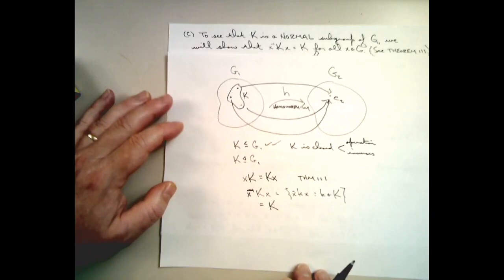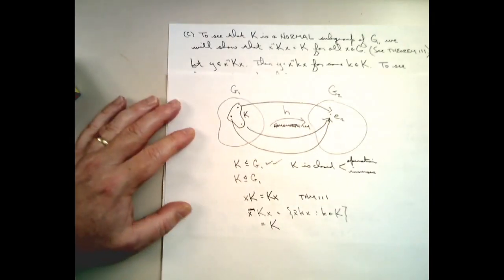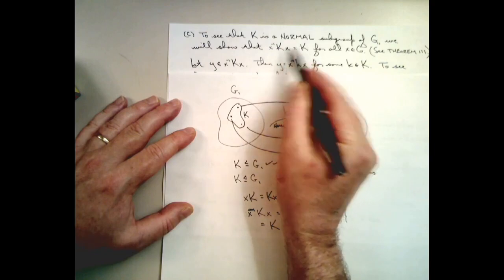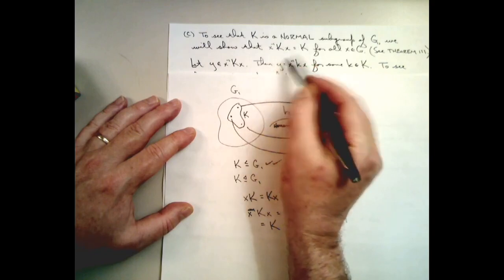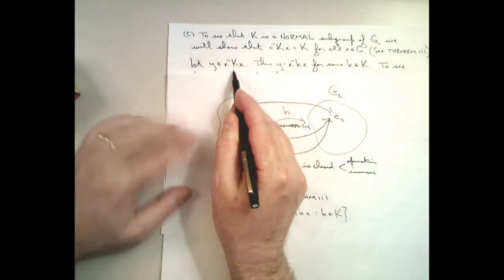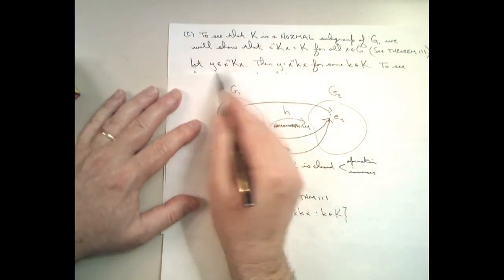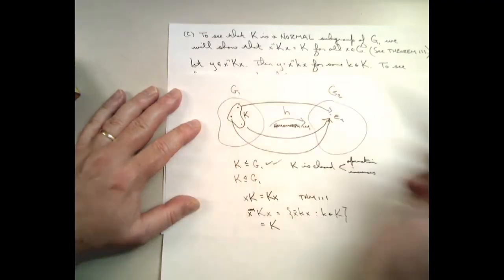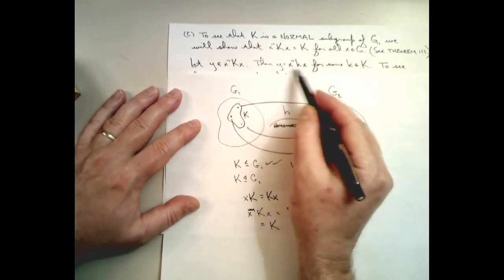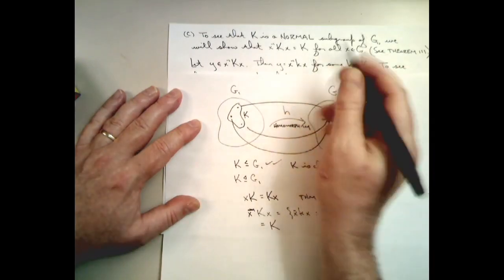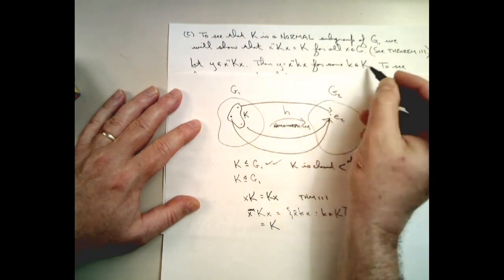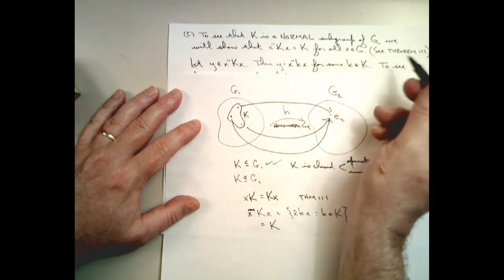So we'll begin by showing containment in this direction. We'll show that the set on the left is contained in the set on the right by picking an element out of the set on the left, and we'll eventually show that if y is in this set, then y is also in K. But belonging to this set simply means that it's equal to x inverse kx for some little k in our vanishing set.